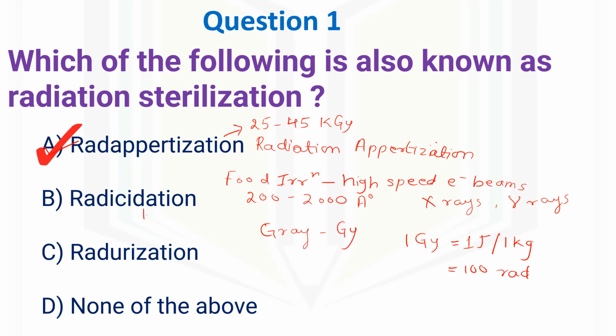The radicidation uses 2 to 8 kilogray, and the radurization uses 0.4 to 10 kilogray.